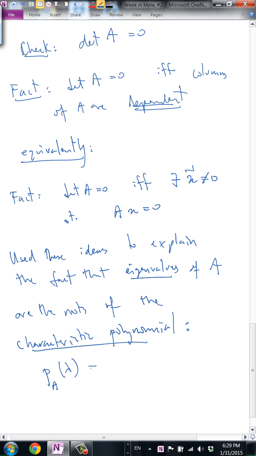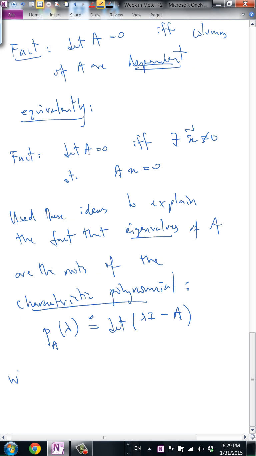This is a polynomial, and it's the familiar determinant of lambda I minus A. So let's again do a very quick recap of why this is the case.